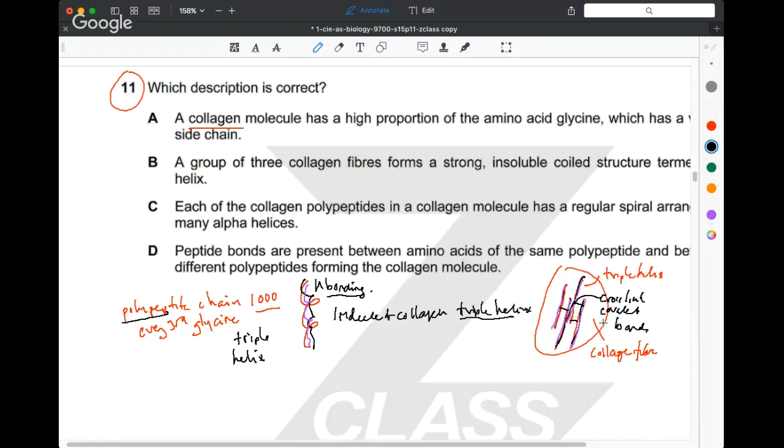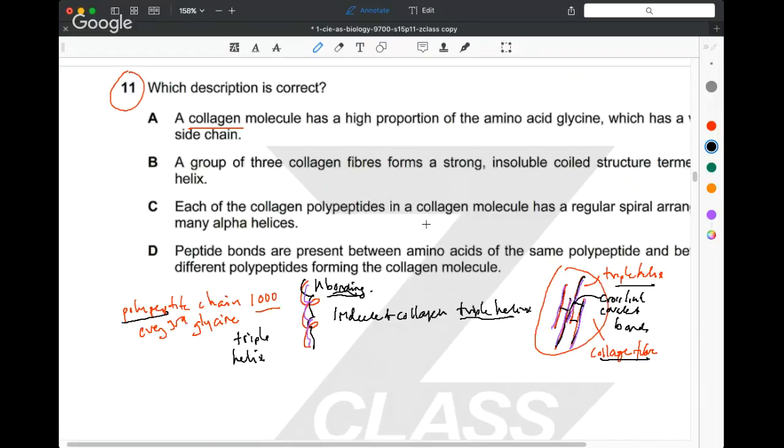So that collagen fiber, you see, is made up of many of the triple helices joined together with covalent bonds. And each triple helix is made from these three polypeptide chains, which are loosely bound together with hydrogen bonding.